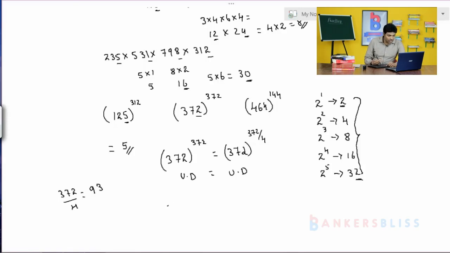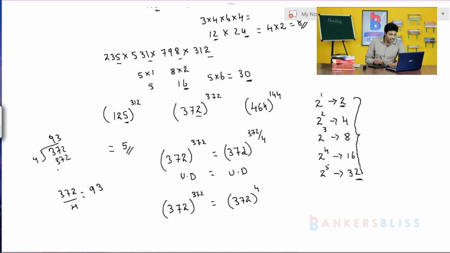So means what? 372 to the power 372 is equal to 372 to the power 4. See, if it is divisible exactly, then you have to write 4 here. So 372 divided by 4, 93 times.